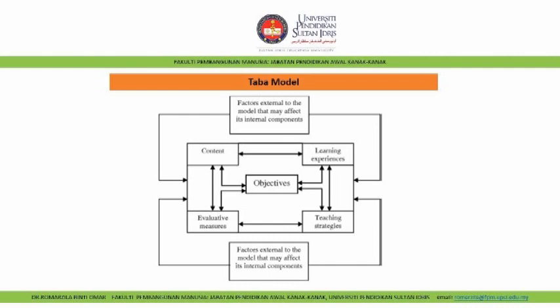The external factors to the model that may affect its internal components are also represented. Such factors include first the nature of the community in which the school is located, its pressures, values and resources. Number two is the policies of the school district. The third factor is the nature of a particular school, its goals, resources and administrative strategies.